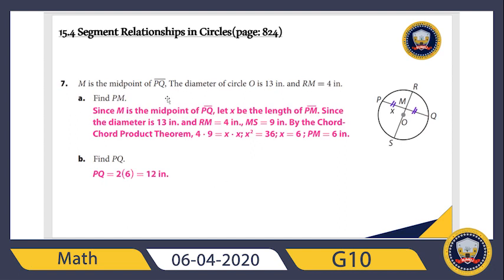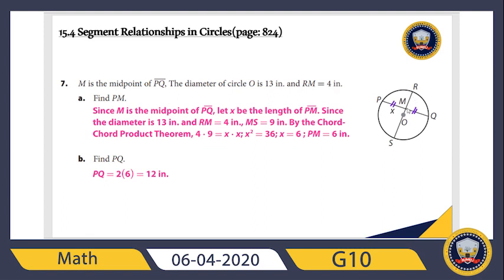Alright, so here it says that M is in the middle of PQ, so PM is equal to MQ. That's what I'm mentioning here. Now, let's try the chord product theorem. We know that PM multiplied by MQ will be equal to RM multiplied by MS. Okay, what is RM?